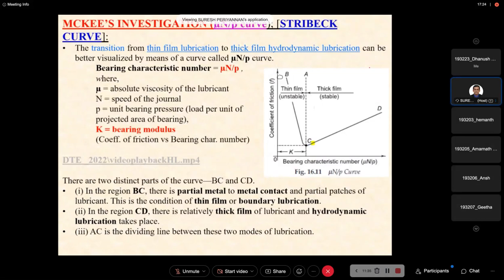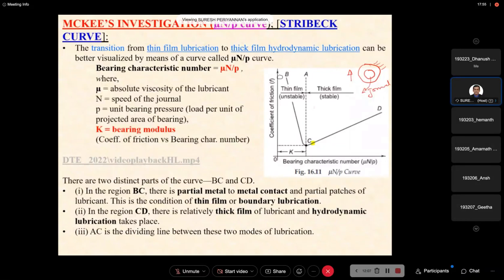Now this is a bearing surface, fixed. Okay, this is a journal. Unstable means it keeps on moving in the y direction. The journal is moving in the y direction from the rest condition. When the journal is at rest, it will be touching the surface of the bearing.